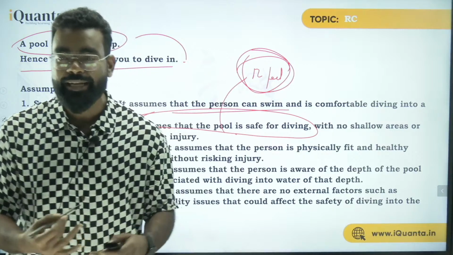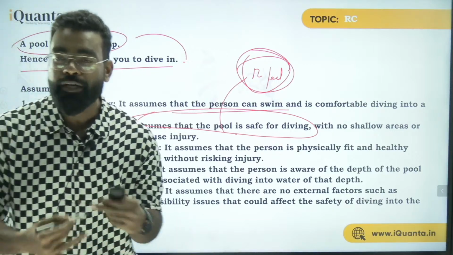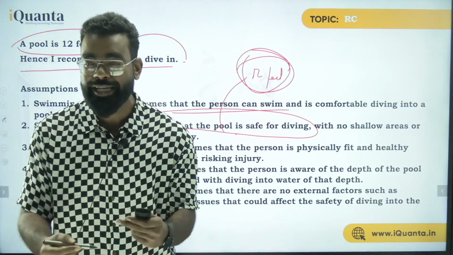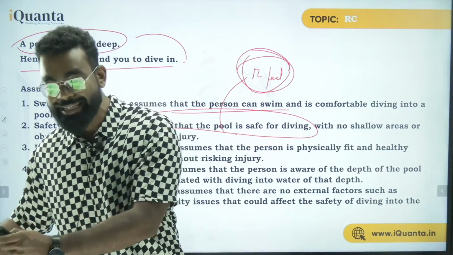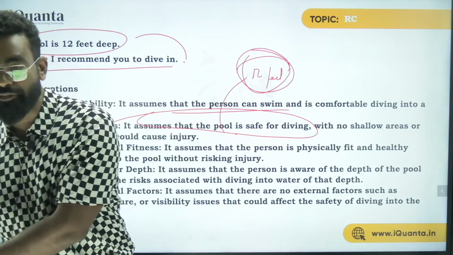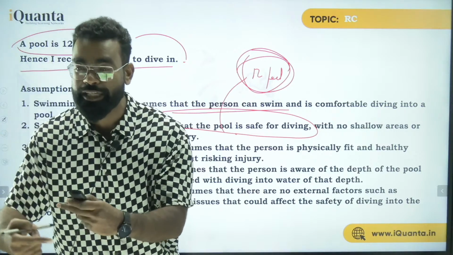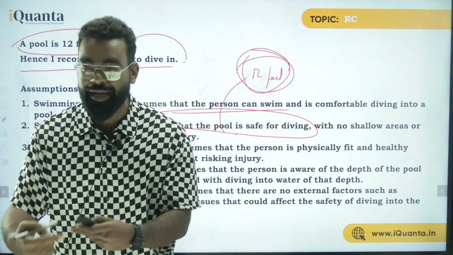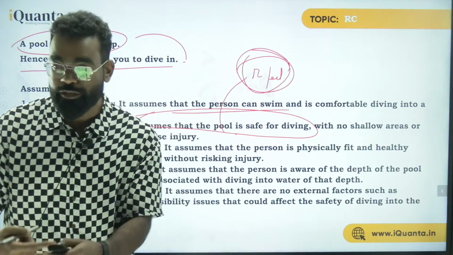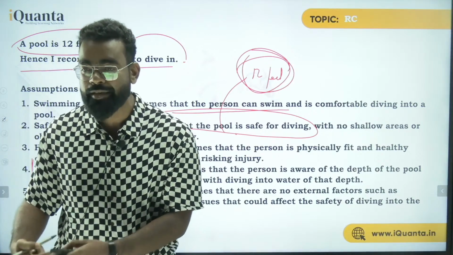All these things are improving your premise. But what improves your logic? Your logic improves when I say 12 feet deep is safe for diving. It is improving my logic, because I am not saying the pool is 24 feet deep in some places. Am I clear?